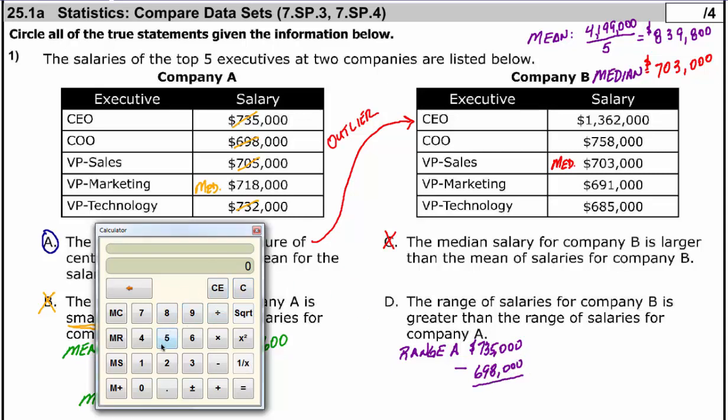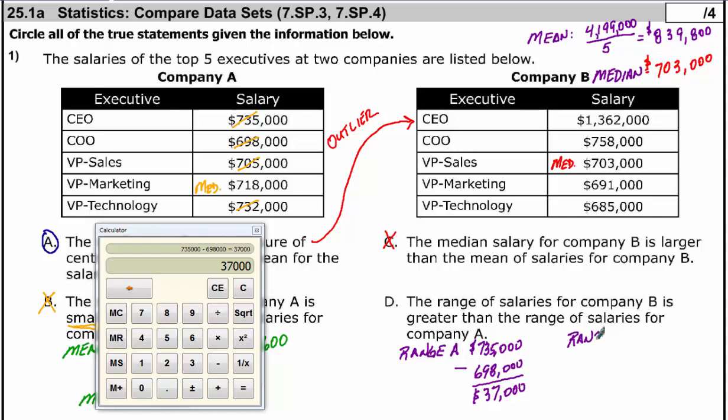So clear the calculator out. 735,000 minus 698,000 is equal to $37,000. That's the range for Company A.